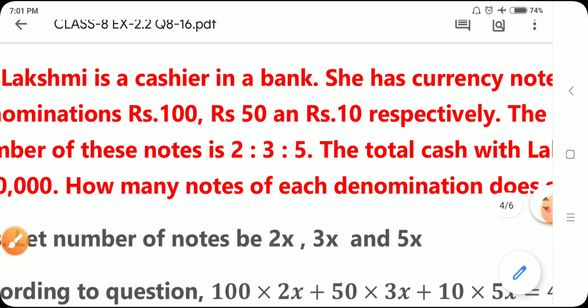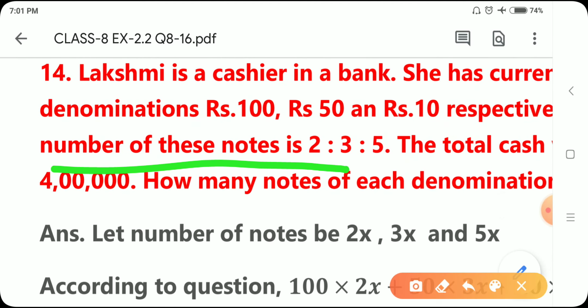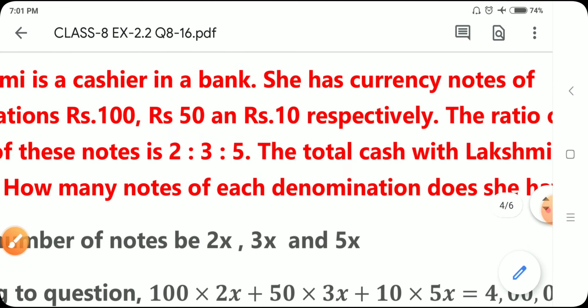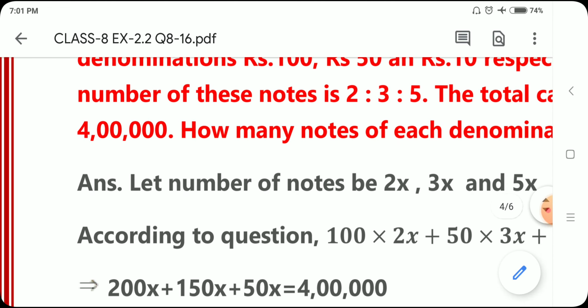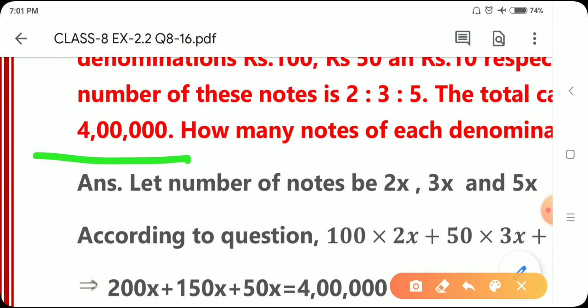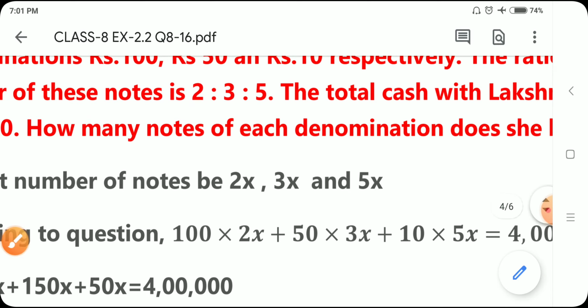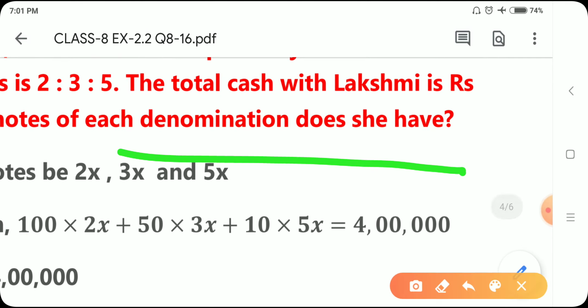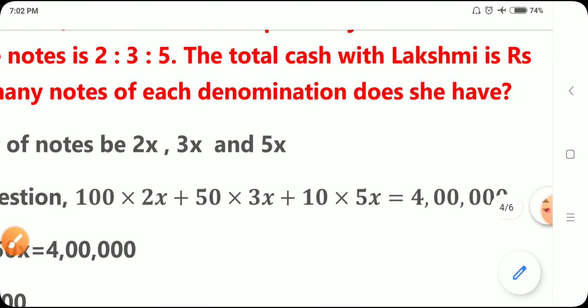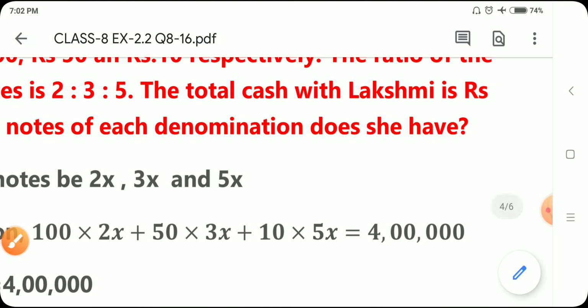The ratio of the number of these notes is 2:3:5 respectively. The total cash with Lakshmi is rupees 4 lakh. How many notes of each denomination does she have? We have to tell how many notes of rupees 100 she has, rupees 50 and rupees 10.